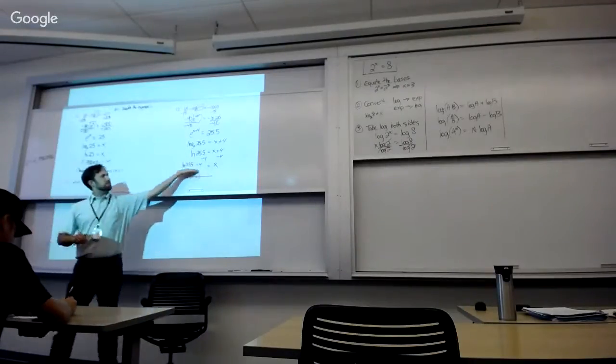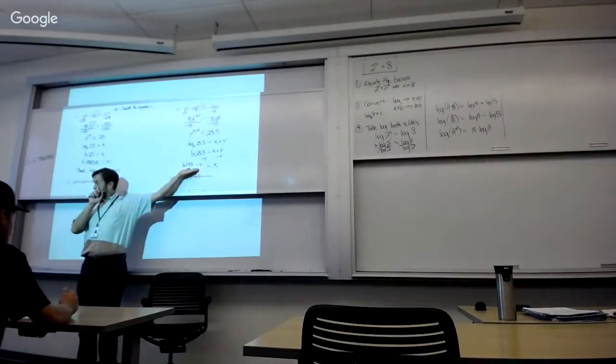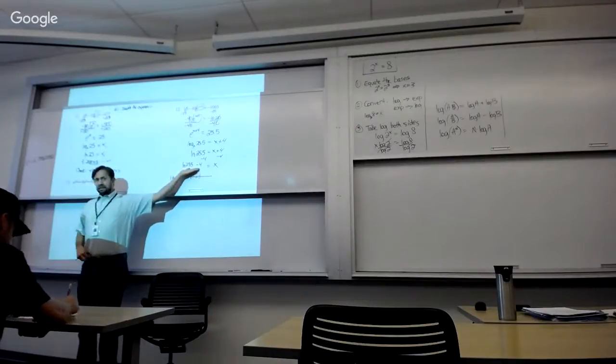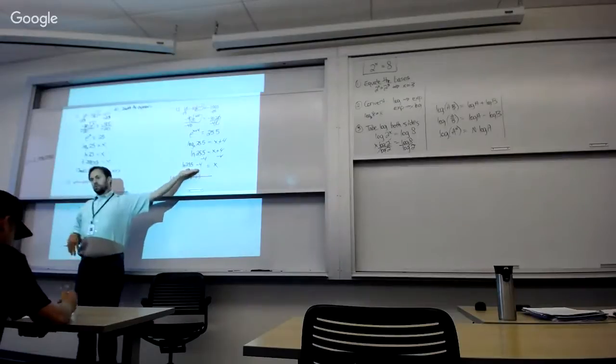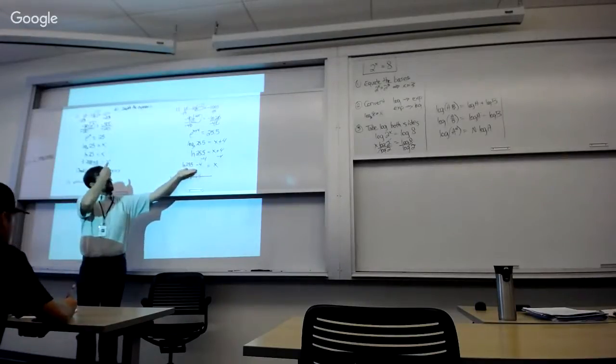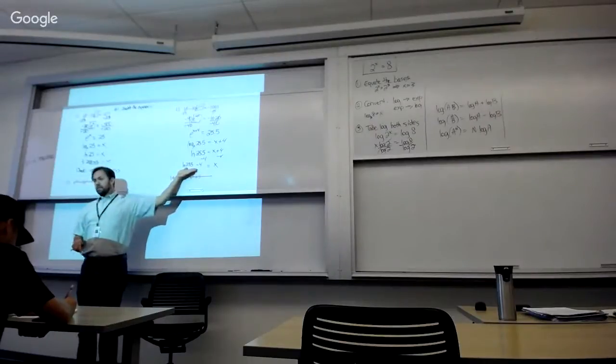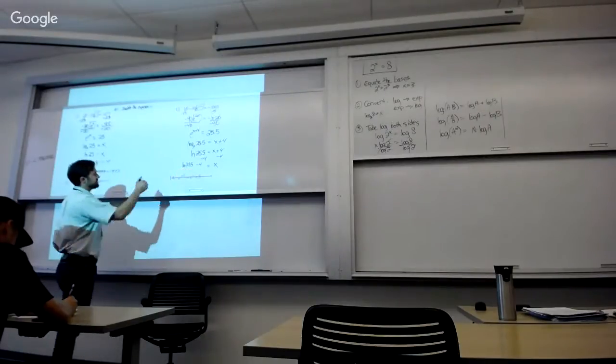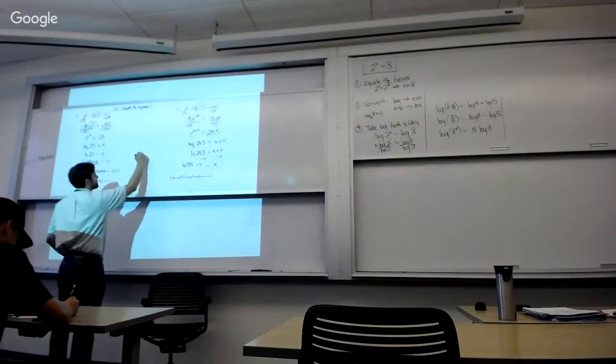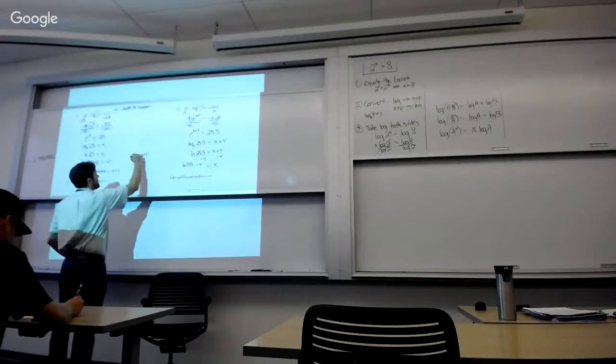What's ambiguous about the way I wrote this? It is ambiguous. If somebody was just looking at this work, like if I fell asleep or was gone, and someone came over and said, ln 25.5 minus 4, does he mean ln 25.5 and then minus 4?